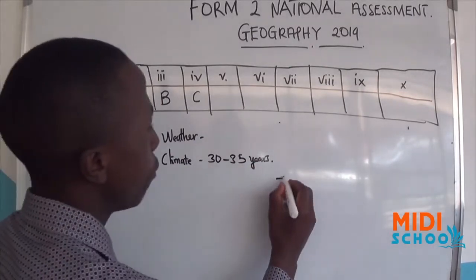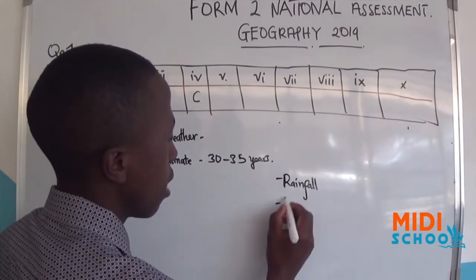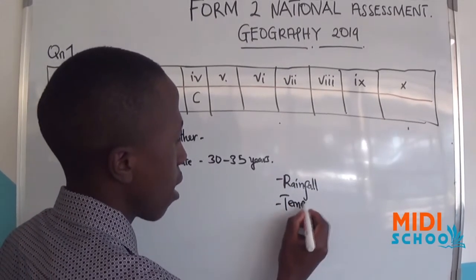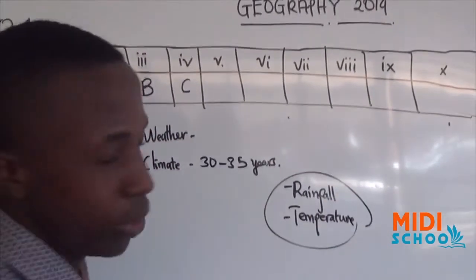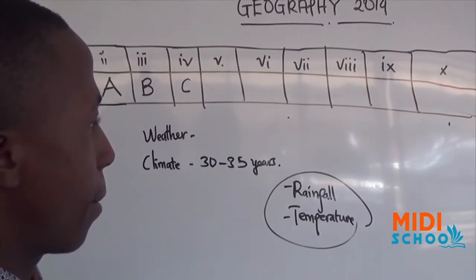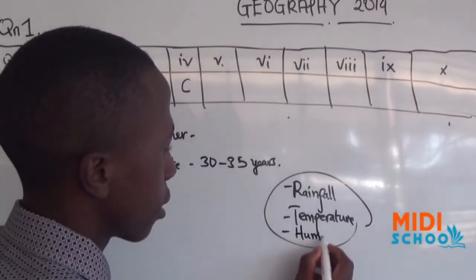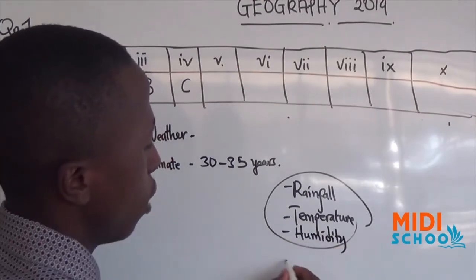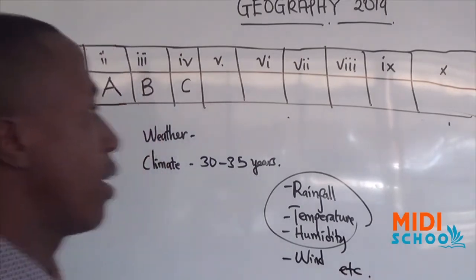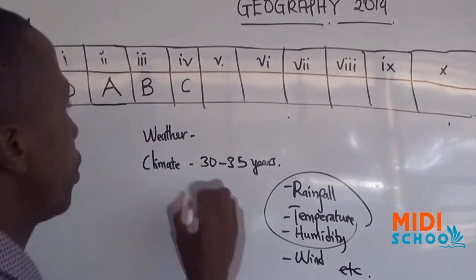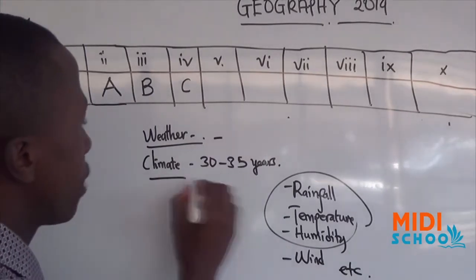Rainfall and temperature are atmospheric conditions. We add humidity, we have wind, etc. But its condition is weather, and this is for a short period of time, but climate is for a long period of time.